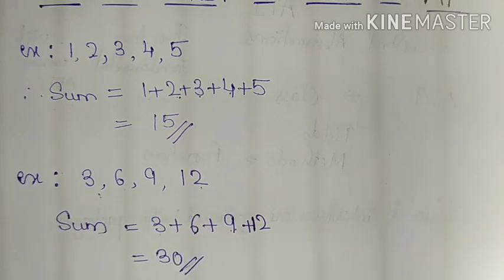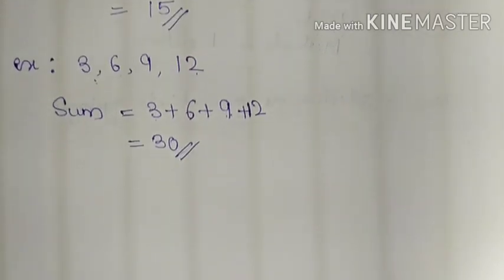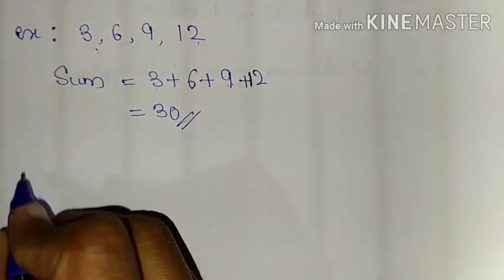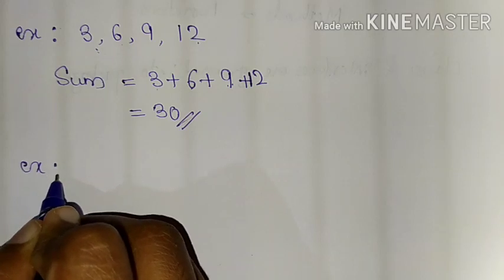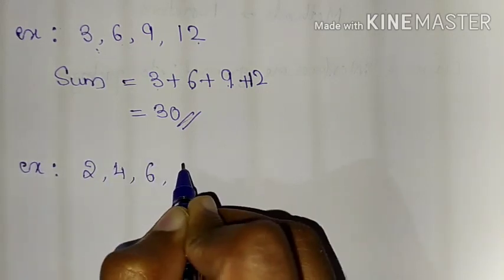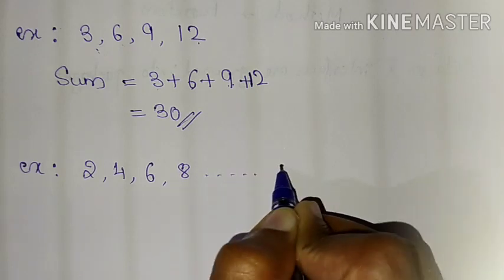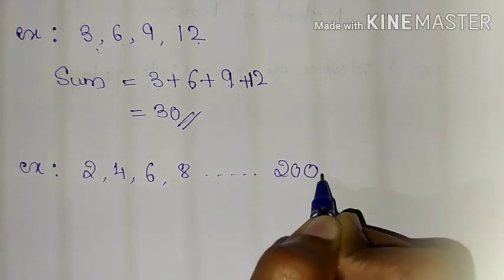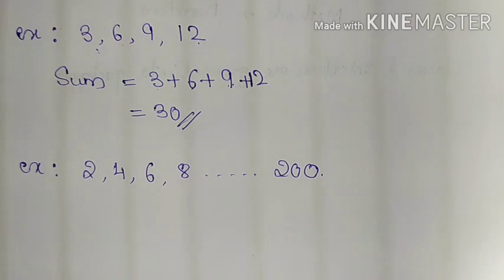Now, similarly, take another example. 2, 4, 6, 8 and so on up to 200. So, what is the sum of first 20 terms of this arithmetic progression?